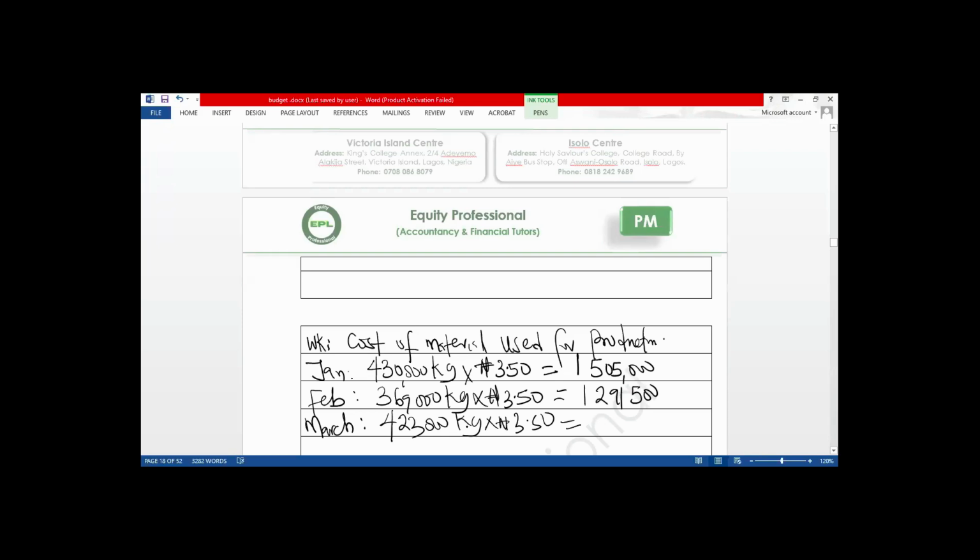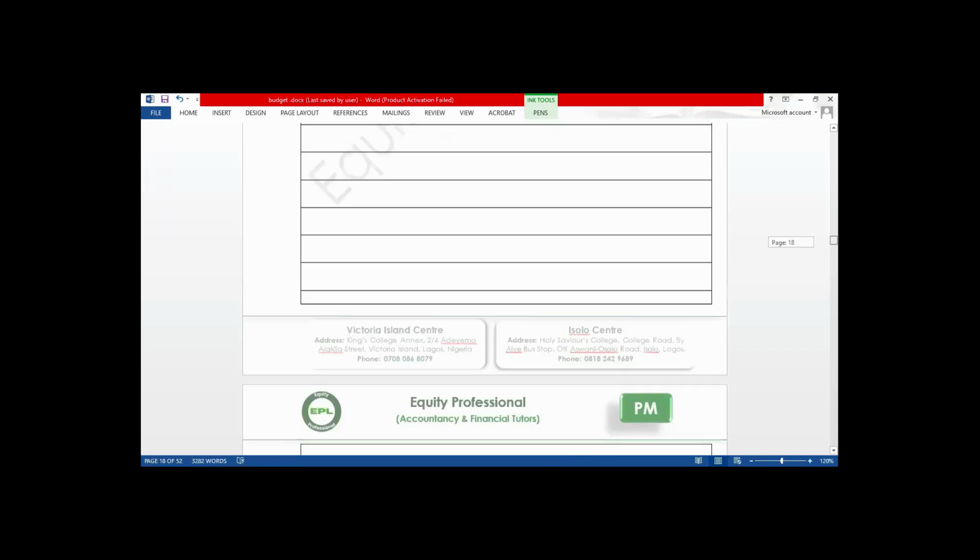For March, 1,480,500. Cost of material used for production.